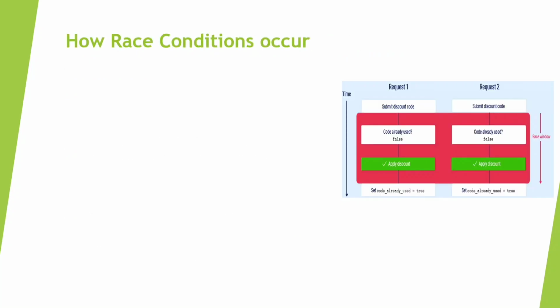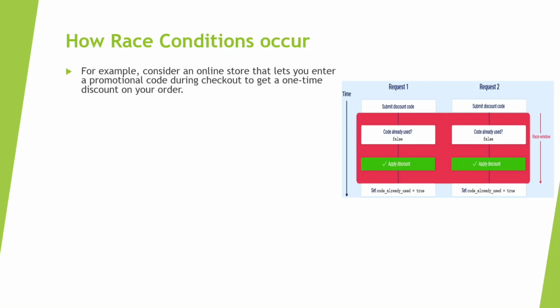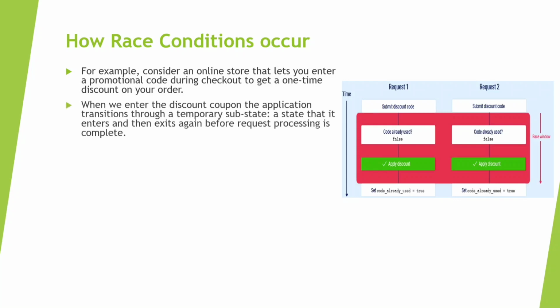So how do race conditions occur? Let's take an example of an online store where you can enter a promotional code for a discount on your order. When you enter the discount coupon, the application transitions through a substate.